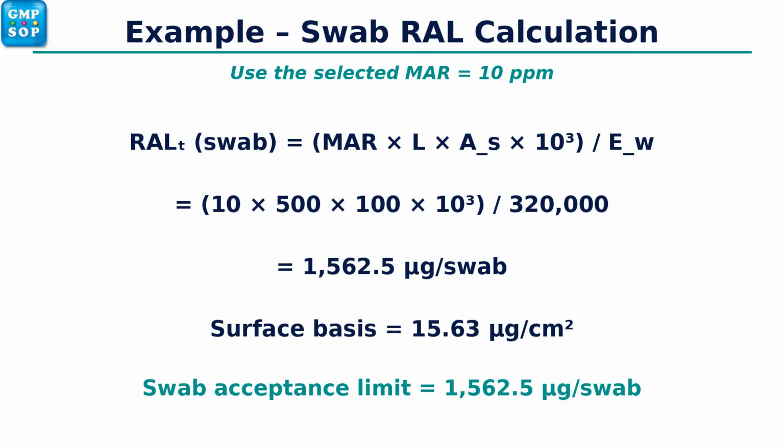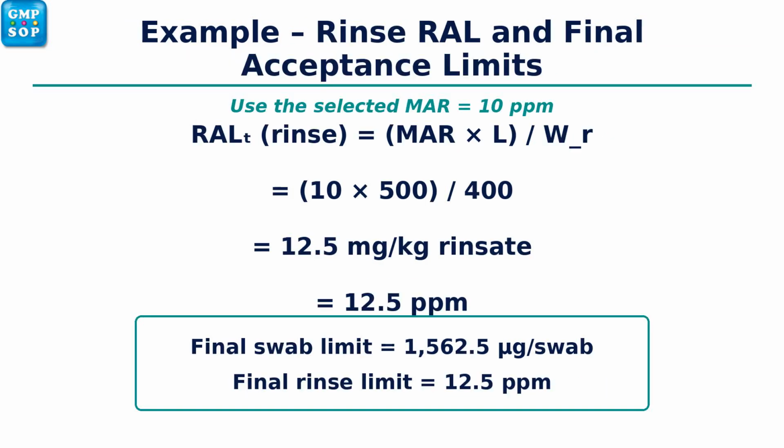This equals 1,562.5 micrograms per swab. On a surface basis, this is 15.63 micrograms per square centimeter. Therefore, the swab acceptance limit is 1,562.5 micrograms per swab.